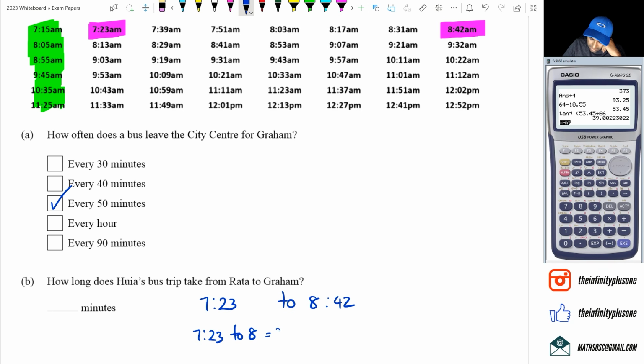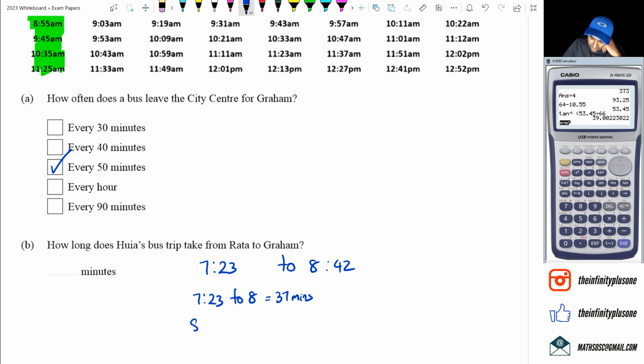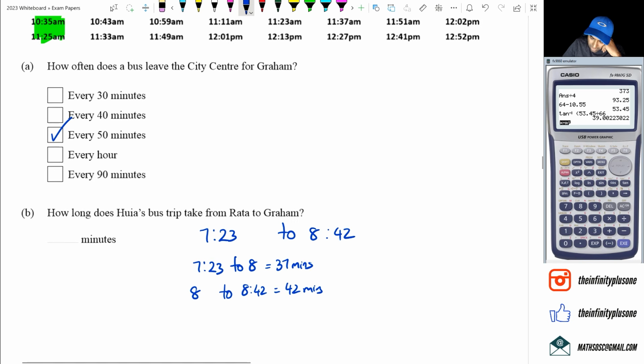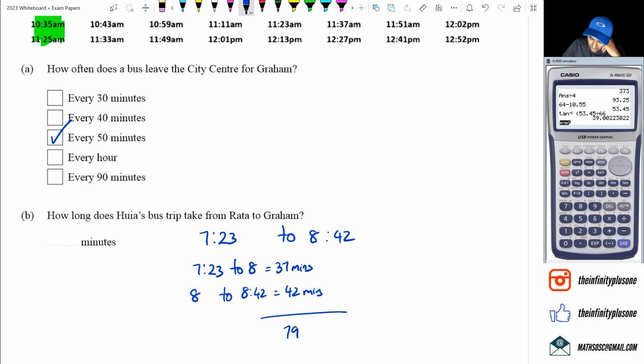And then 8 to 8:42 is going to give me 42 minutes. So I add them up together, and I get a total of 79 minutes for the trip, which, well, they've already given the units. I guess this is going back to question 1A. Remember I said that you might need units? Well, I think this is what they mean by units already included.